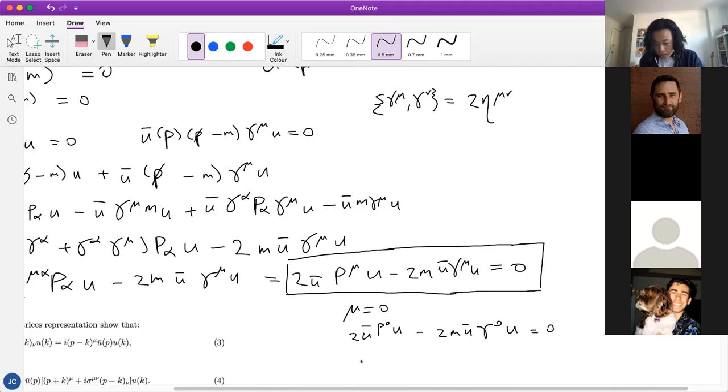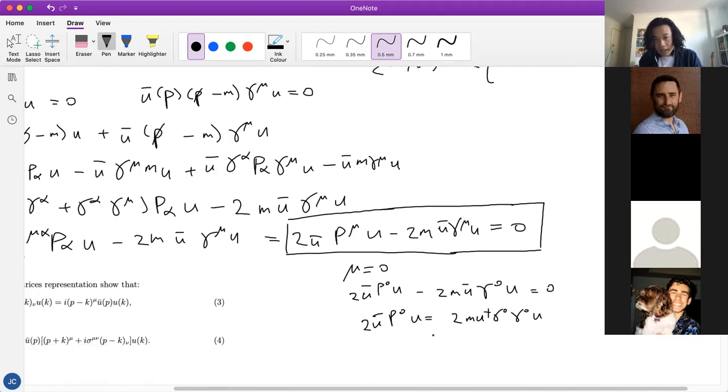So then that says 2 U bar P naught U is equal to 2m U, and instead of U bar, I'm going to write it out as U dagger gamma naught. That's the definition of this adjoint spinor. And then this other gamma naught gives me U. So I took it to the other side and then expanded out the U bar.